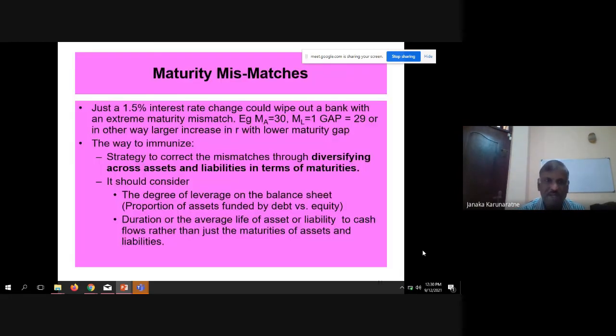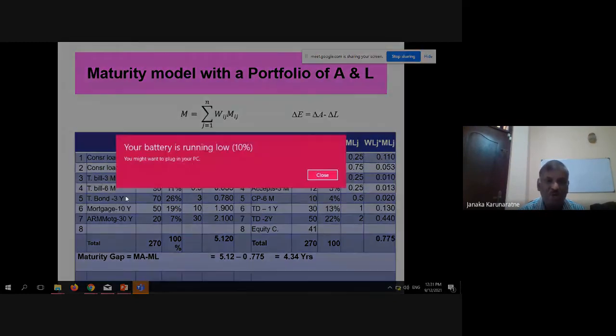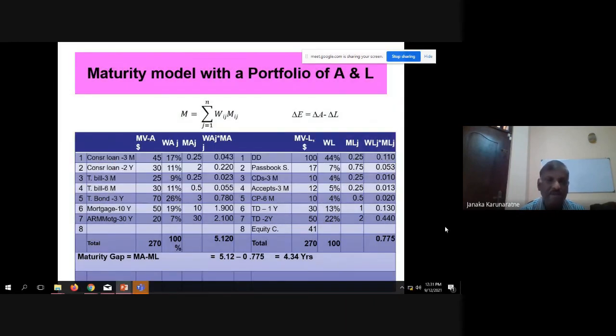When you say this bond is 3 years, that is theoretical maturity. But if this bond pays a semi-annual coupon, then the actual maturity is less than 3 years, right?